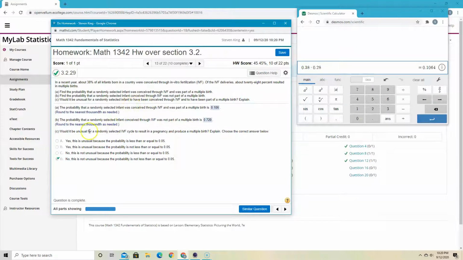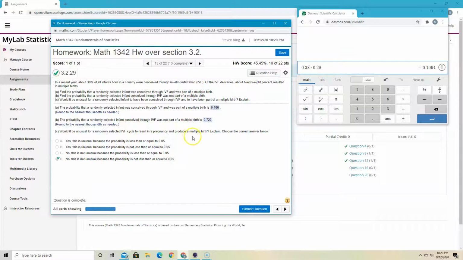Well, they made it sound difficult, but that's what this one is. They went through IVF, the baby was conceived through IVF, and they were part of a multiple birth. That's what this is. They just tried to make it sound confusing here.